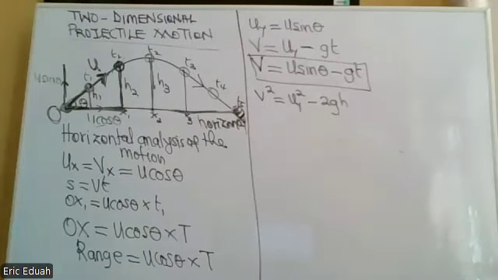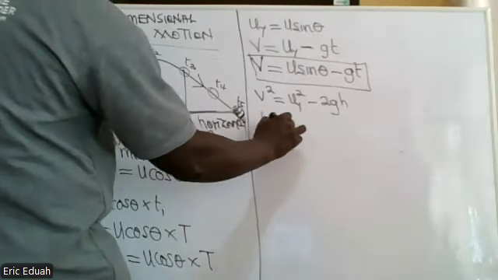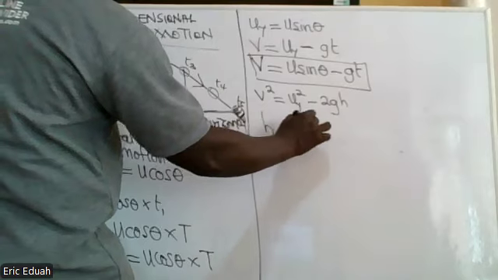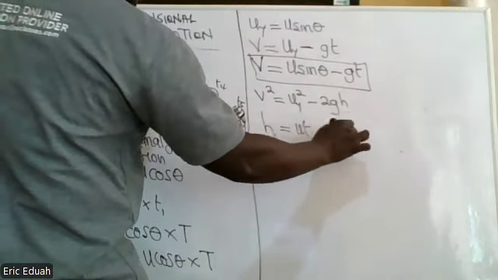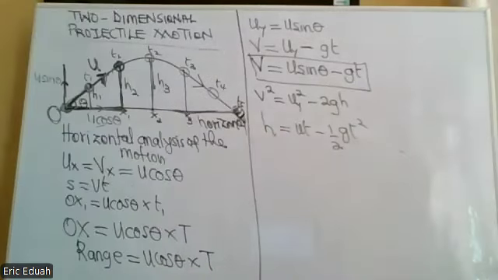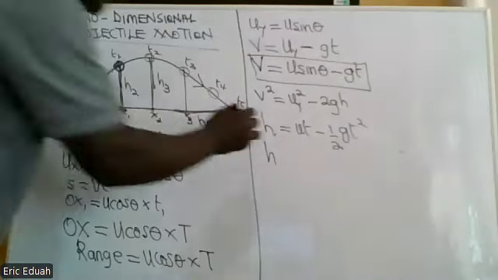And class, we can do that using h is equal to ut minus half gt squared. H is any vertical height.